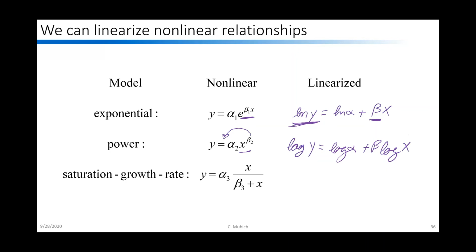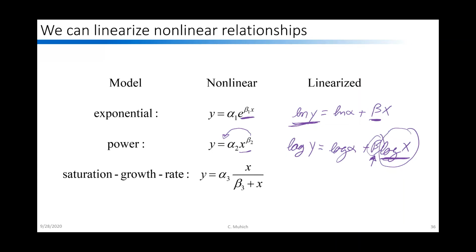Once again, I have a linear equation here, right? I have just one variable beta times a variable that's log of x. So this is linear with respect to this log x value, right?